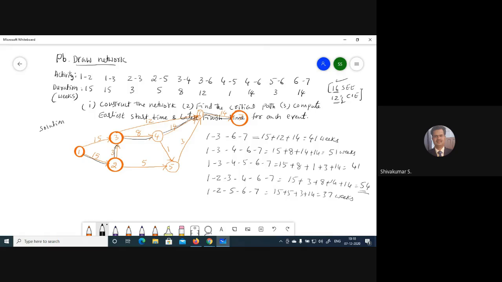Likewise, you mark two lines here to indicate that this is the critical path. Okay, so now the second question, critical path. That is, 54 weeks is the critical duration.